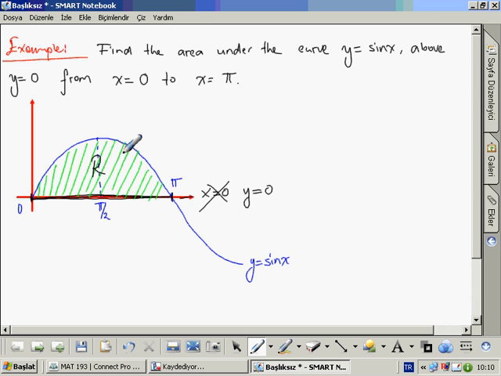And now what will we do? You can write this area by the integral from 0 to pi of sin x dx.